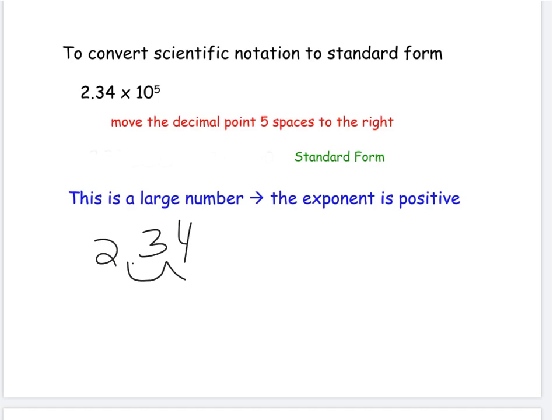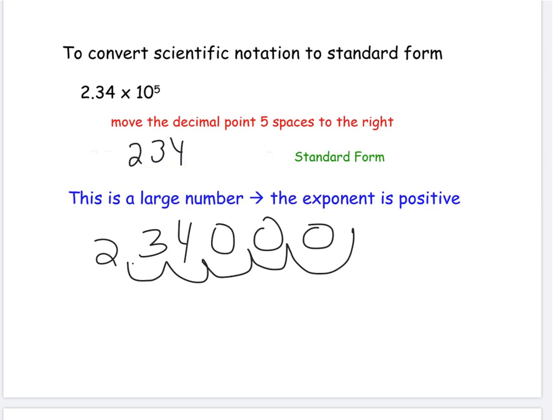So I'm going to go 1, 2, 3, 4, 5. Now, because these 3 extra spaces are empty, I'm going to fill them in with zeros. So my number in standard form is 2, 3, 4, 0, 0, 0.